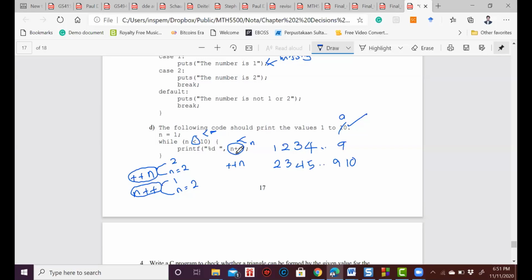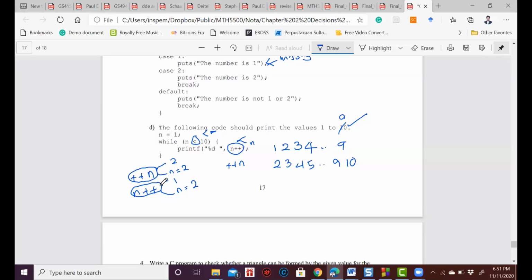The result is different, but you have to consider 2 values: the value for the whole expression and the value for n. The value for n, whether plus is at the back or in front, still increases by 1. The original is 1, and when we plus it becomes 2 here.